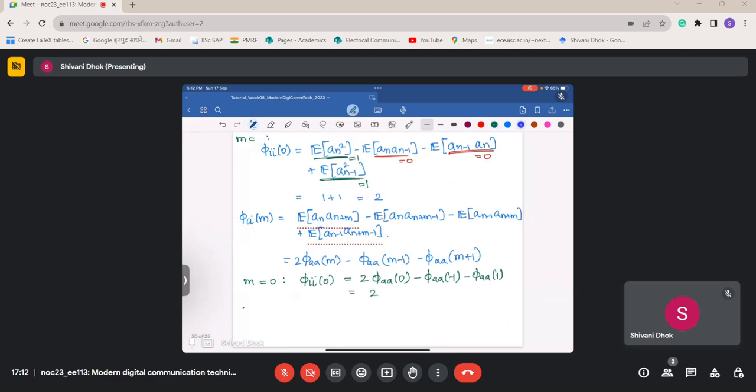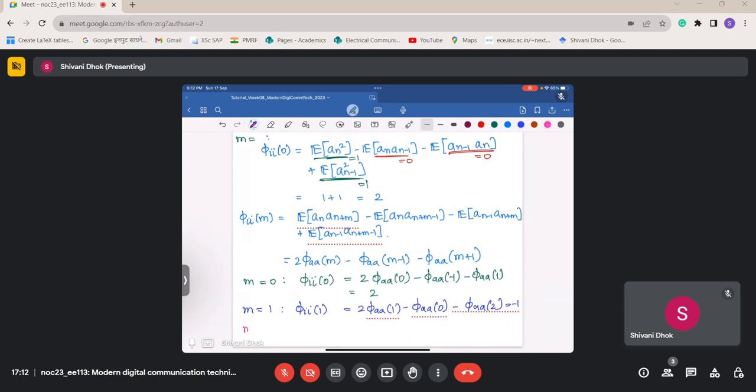If m is equal to 1, then phi_II of 1 is equal to 2 times phi_aa of 1 minus phi_aa of 0 minus phi_aa of 2, and this comes out to be minus 1.